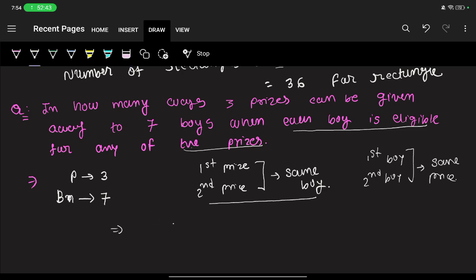So for that we had this formula n multiplied by n, which is n raised to r. Remember? Therefore the required number here would be 7 multiplied by 7 multiplied by 7. That gives us 7 raised to 3. That's the answer.